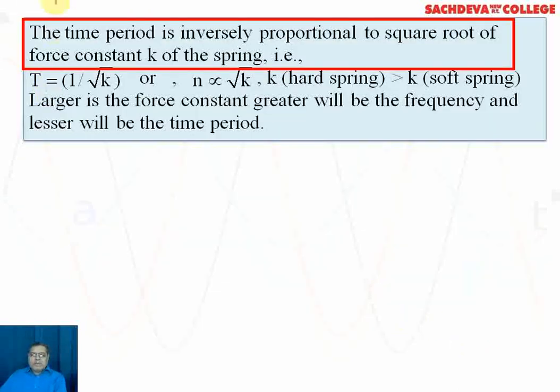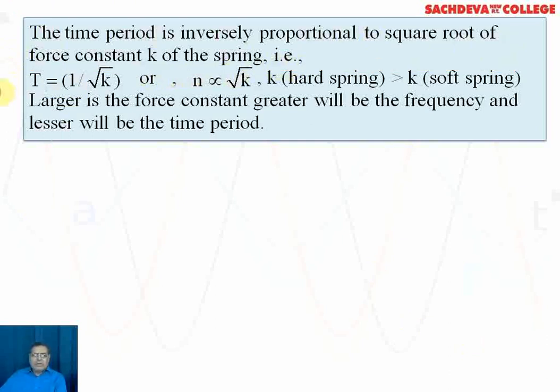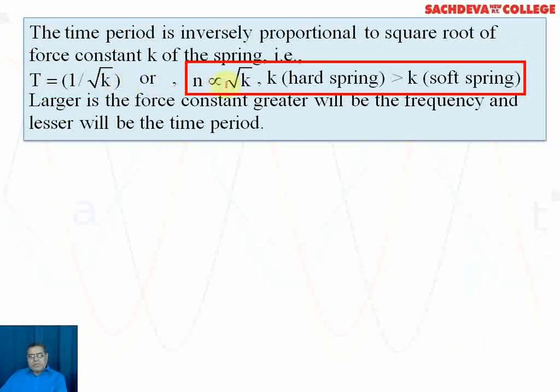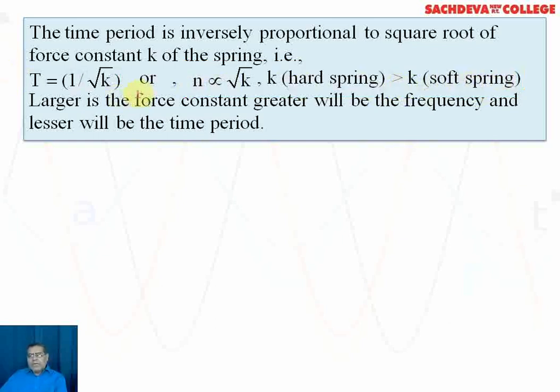The time period is inversely proportional to the square root of the force constant k of the spring. So in the equation, T is proportional to 1 over root k, or n is proportional to root k. The spring constant k for a hard spring is always greater than the spring constant of a soft spring. We frequently use this term spring constant. It is defined as force per unit displacement.